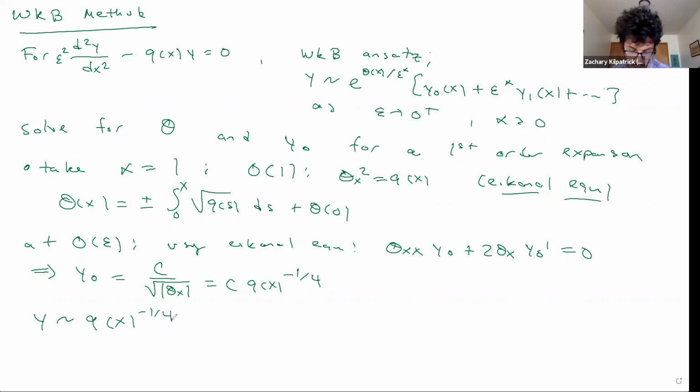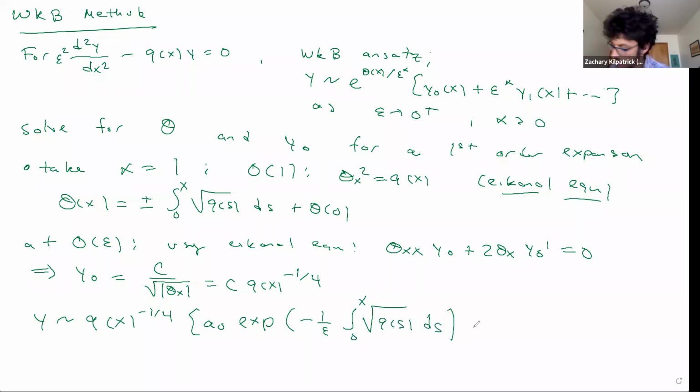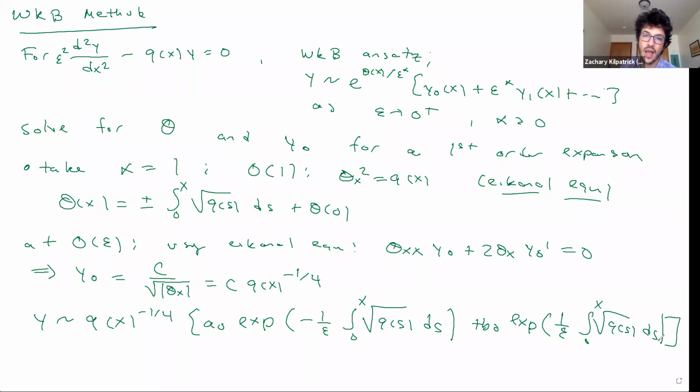q of x to the minus 1/4 times a0 exponential of minus 1 over epsilon integral from 0 to x of square root of q of s ds plus b0 exponential of 1 over epsilon integral from 0 to x of square root of q of s ds. And this is not something that you could arrive at by using a standard approach.